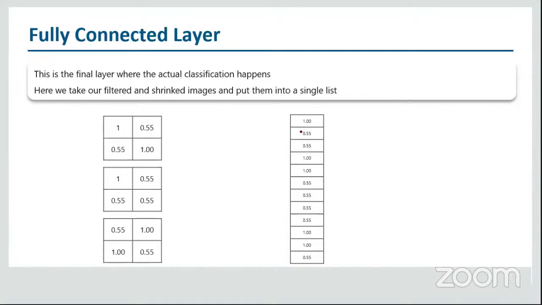So 1.5, 0.51, 1.5, 0.5, 0.5, 0.5, 1, 1.5. Now all these values got converted into rows. Now it is a single list.